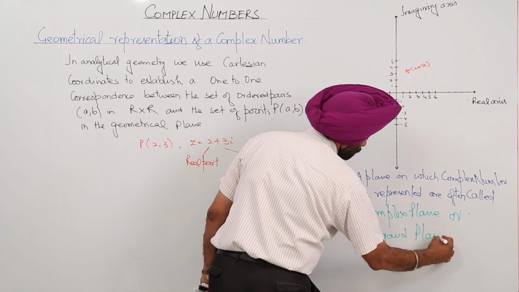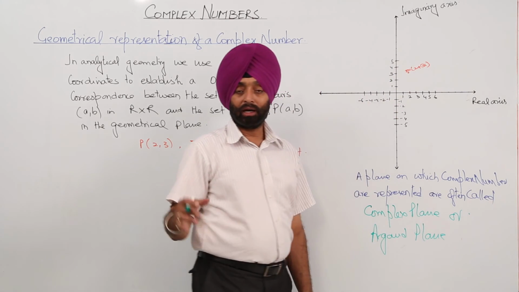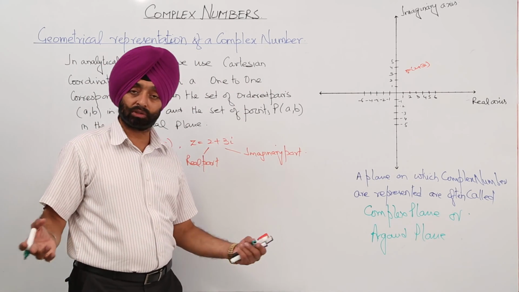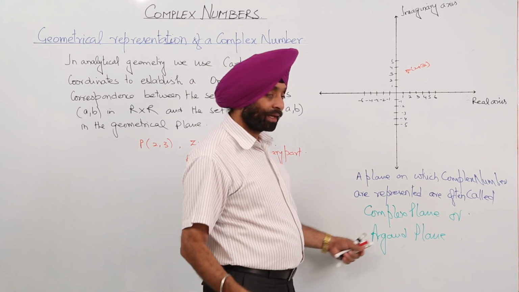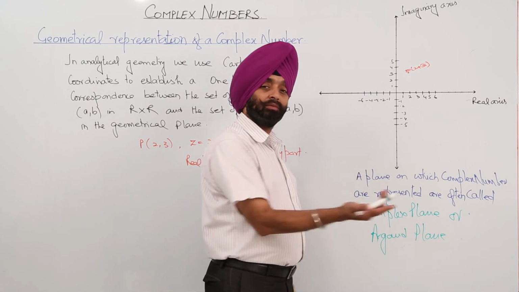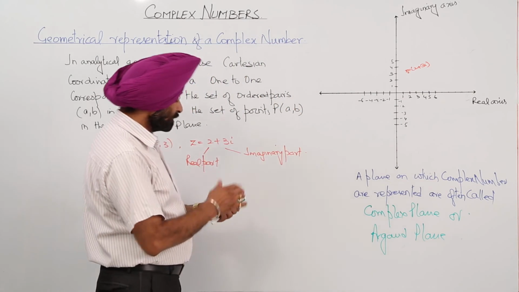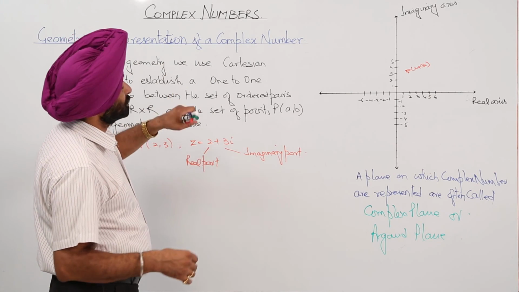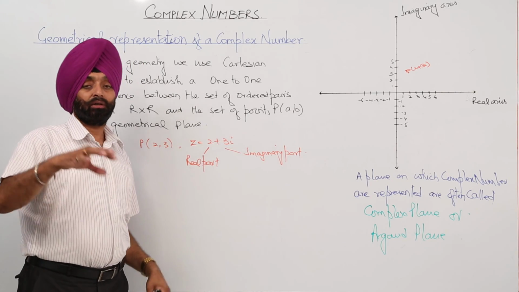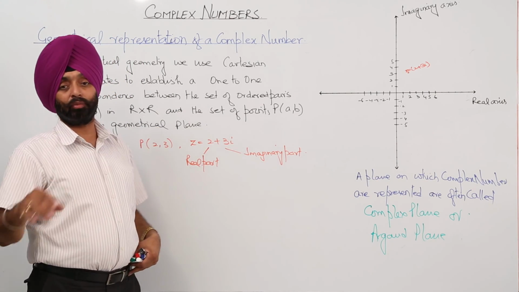Sometimes in senior classes books you will see Gauss plane. Argand is also a mathematician, Gauss is also a mathematician. So just to pay regard to them, we use Argand plane, Gauss plane, basic term complex plane. So this is all about how we can geometrically represent a complex number on the Argand plane or complex plane.